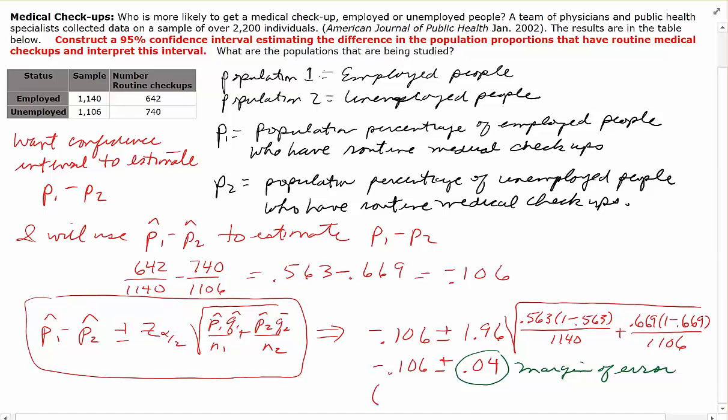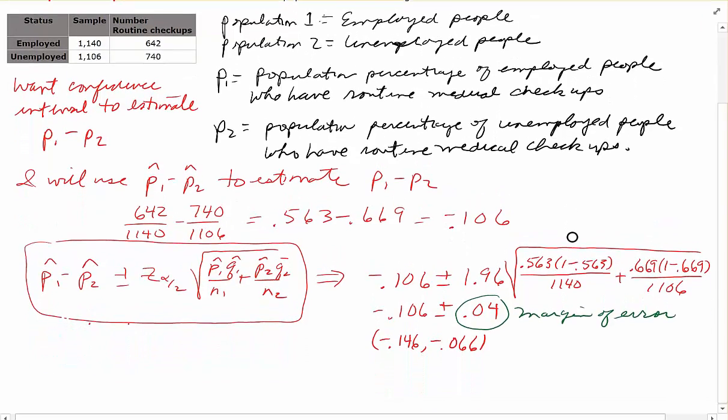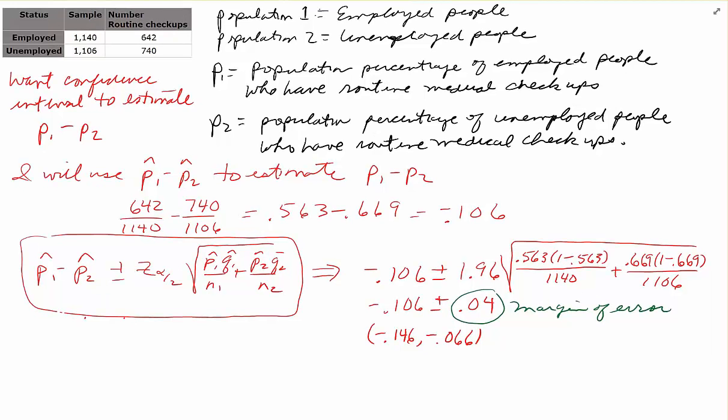My confidence interval then would be a negative 0.146 to a negative 0.066. Now I want to interpret that interval, giving some consideration to the negatives. And to understand those negatives, I have to remember what population 1 and population 2 are and how I was subtracting, where I'm taking the percent of employed people that have routine medical checkups, subtract the percent of unemployed people that have routine medical checkups.